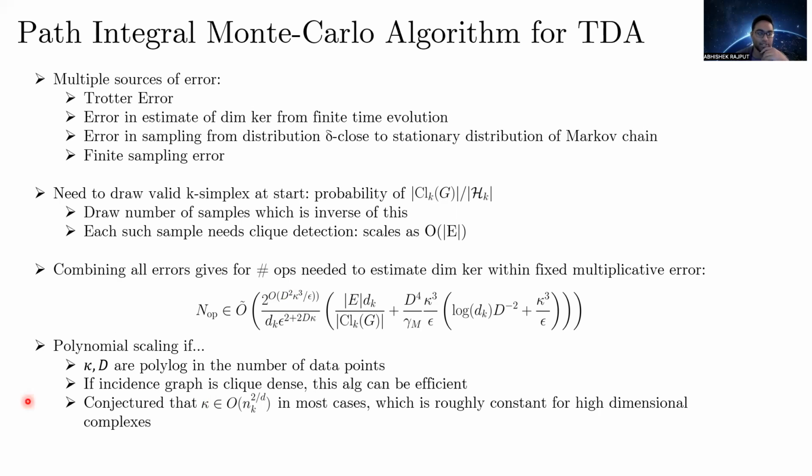So under these conditions, there are conditions under which you can do this classically in polynomial time, and this is a randomized classical algorithm. Let me stop there and ask if there are questions about this before I move on. Any questions from the audience?